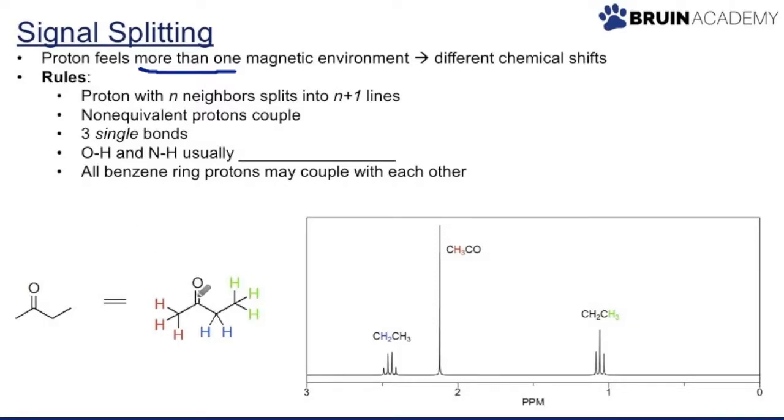Double bonds don't matter as much, but single bonds are where you start and count from. So let's take a look at this hydrogen here. For our neighbors, we will look at hydrogens that are not equivalent to it and that are at least 3 bonds away.